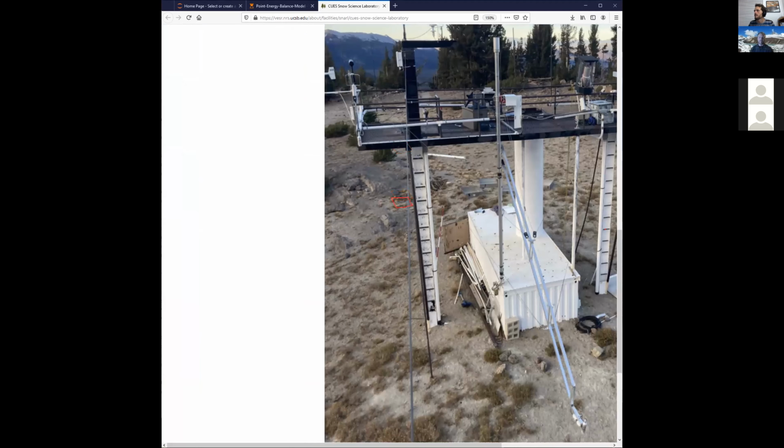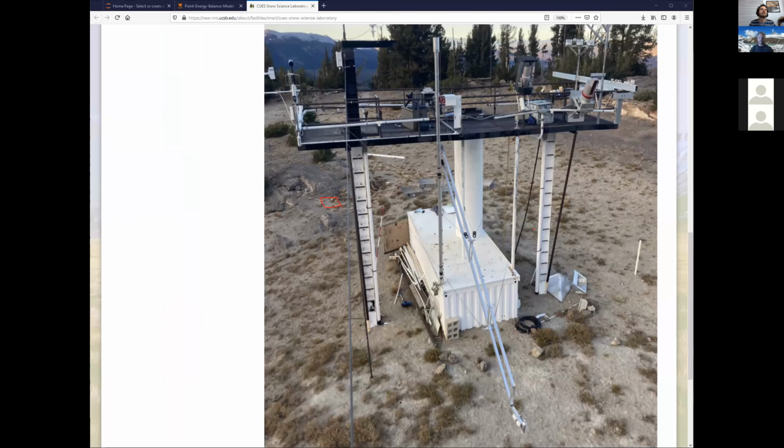These are lysimeters, these stainless steel pans. This is where we can directly collect all the meltwater out of the snowpack. This is a way to independently validate if our reconstruction approaches work.